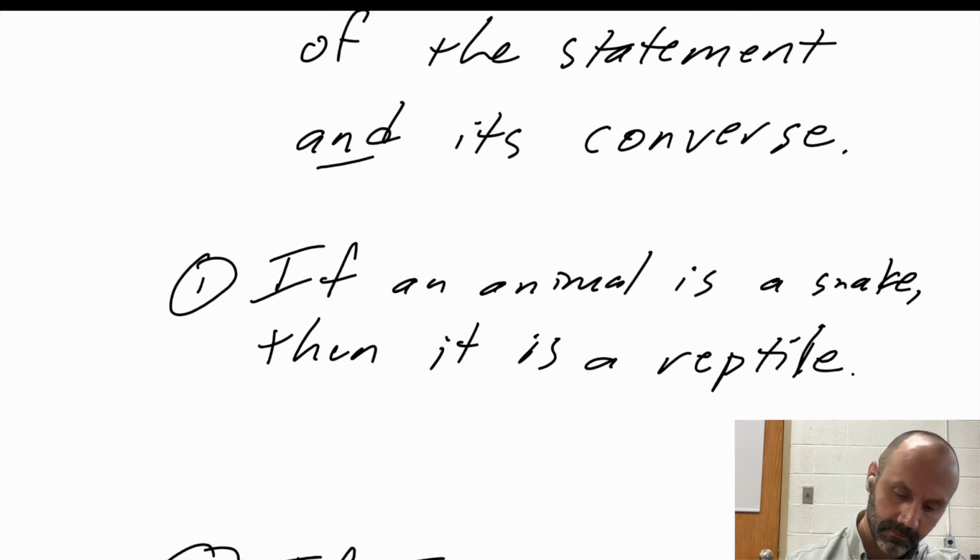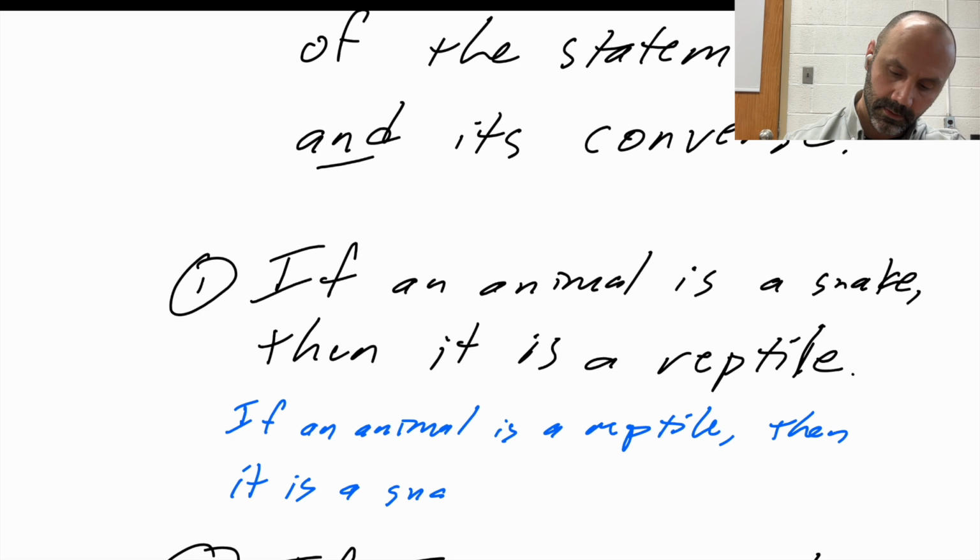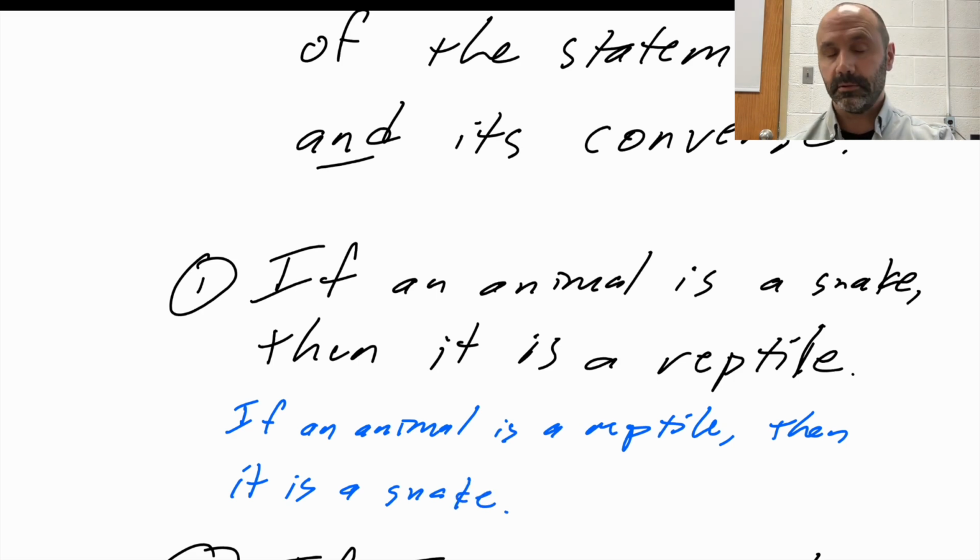The converse is, let me write this thinner so I can fit it: if an animal is a reptile, then it is a snake. That's the converse, and it's false because being a reptile does not necessarily imply that it's a snake. So sometimes the converse will be false when the original conditional is true.